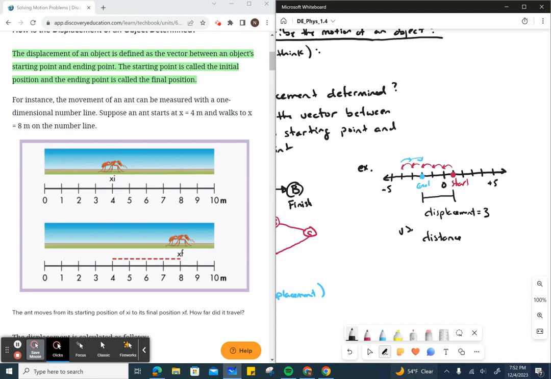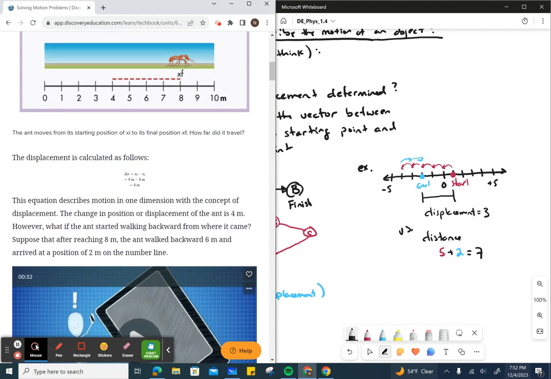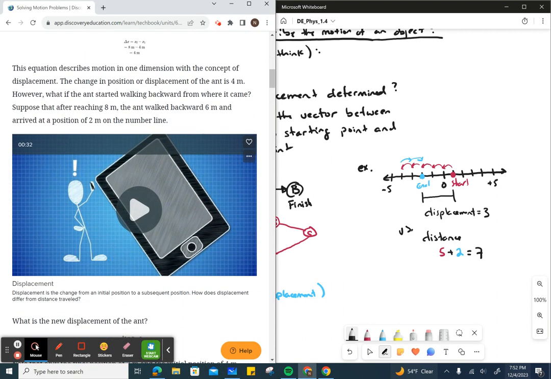So distance would be the 5 plus the 2, and that's going to give us 7. So my distance would be 7. My displacement would be 3. Make sure you keep those clear.